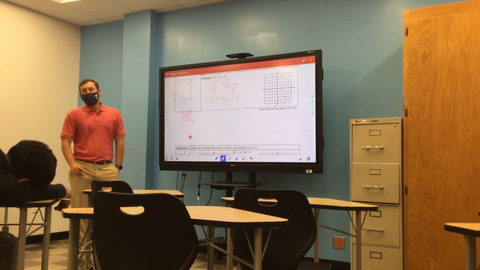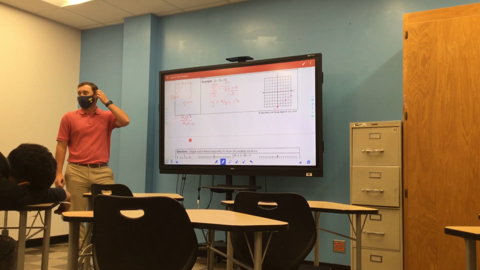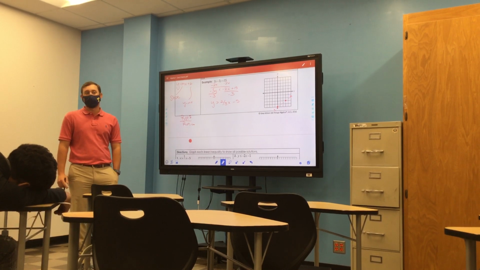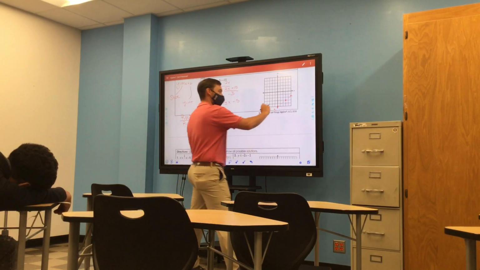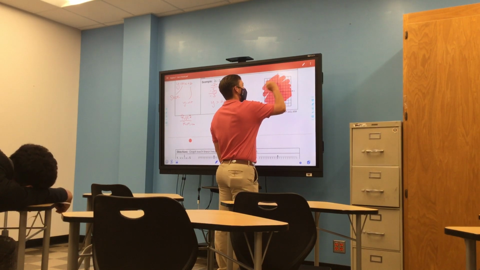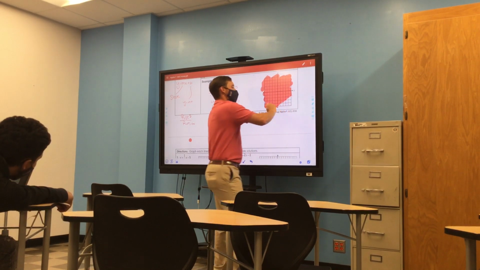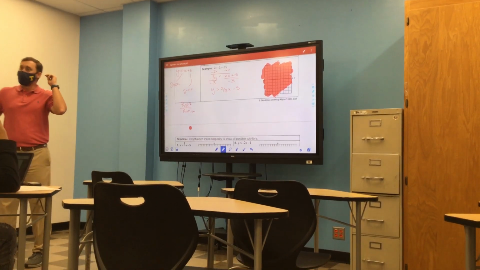And then the last piece here is my shading. If my inequality sign is greater, then which direction do I shade? Say up, above, right? So anything above this line will get shaded. So the question is, what does this shading mean for the problem?